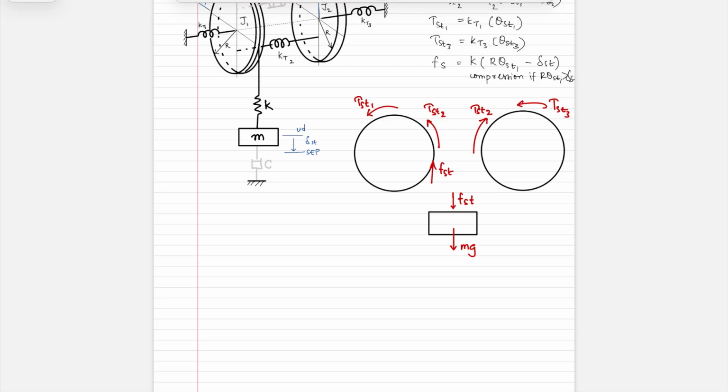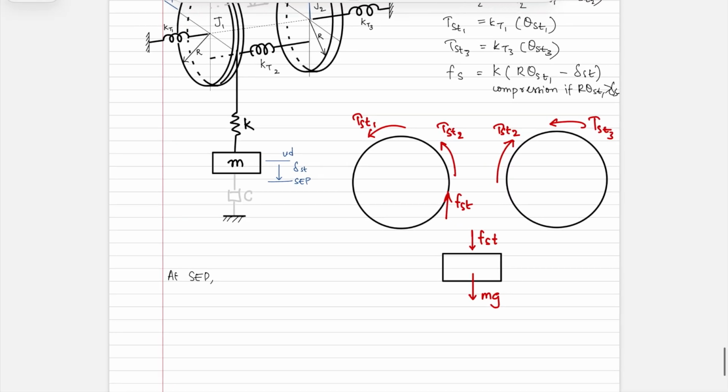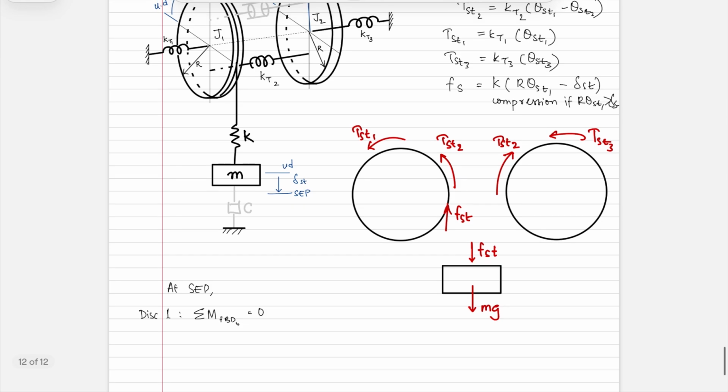So at SEP, the net moment of the FBD for disk 1 would be equal to 0. So that means tau st1 plus tau st2 plus r Fst is equal to 0.